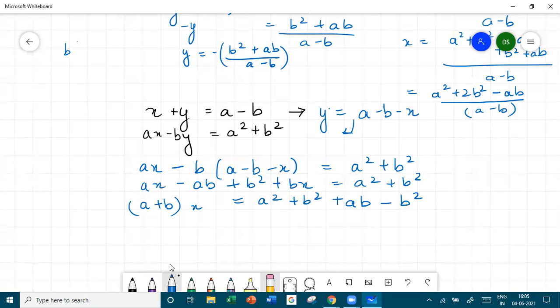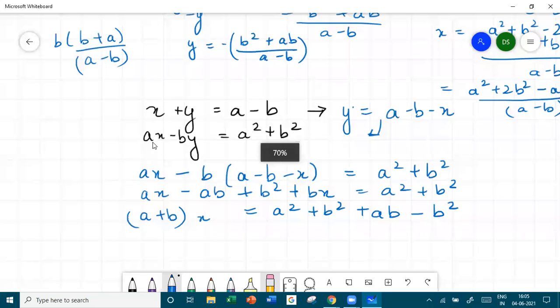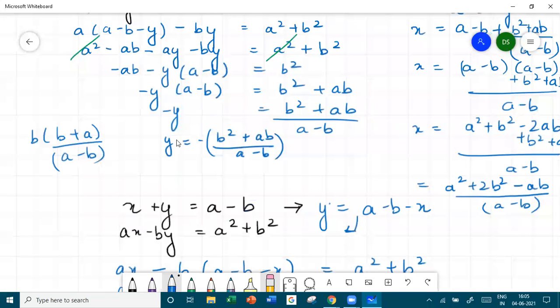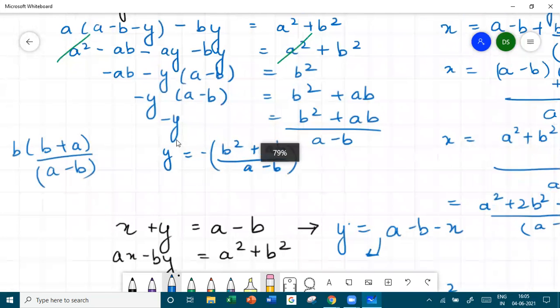So they took b common here, b plus ab. No, b plus a. But how did it change to a plus b? Yeah, I made a mistake. I made a sign mistake.